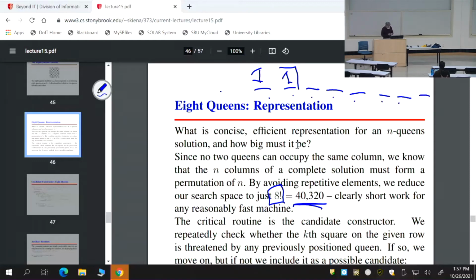Okay. So if we're going to use this vector representation, now we know that what we're going to do is put the queen in the first row, second row, third row, fourth row, and so on. What are the candidates for the next row?